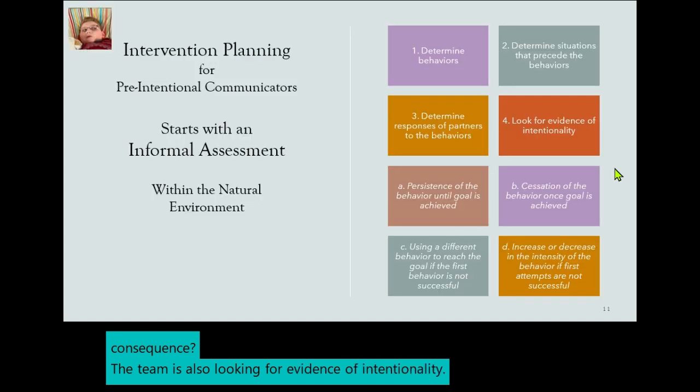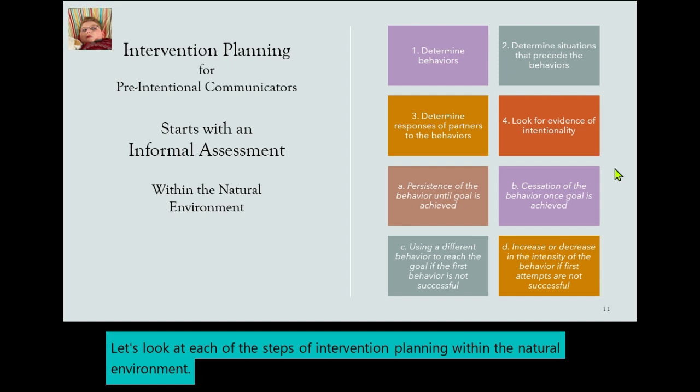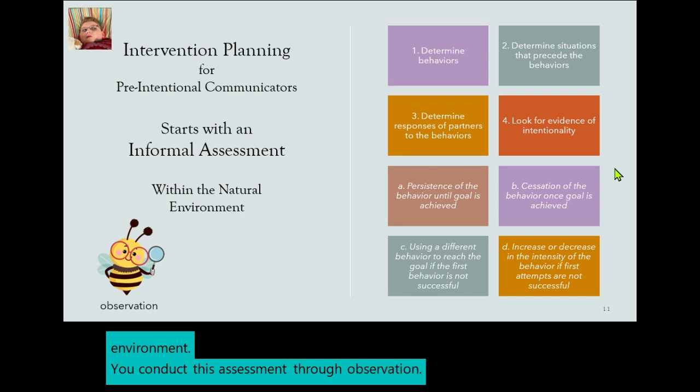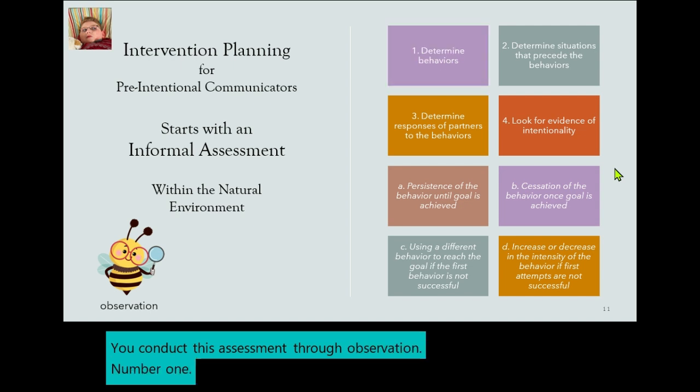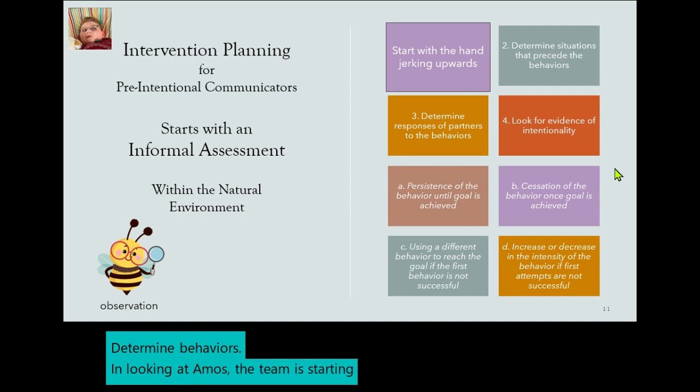Let's look at each of the steps of intervention planning within the natural environment. You conduct this assessment through observation. Number 1, determine behaviors. In looking at Amos, the team is starting with the hand that jerks upwards.